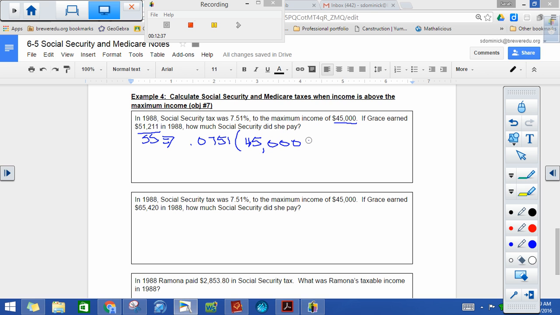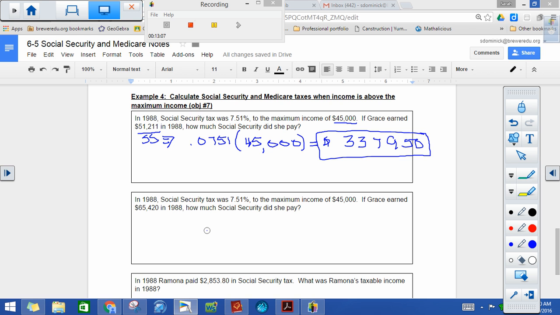So think about that. If you make $3 million, you are going to pay the same as this person who made $51,211 this year, because it's above the maximum taxable income. Okay, so if you do that out, you should get $3,379.50. Okay, all done.